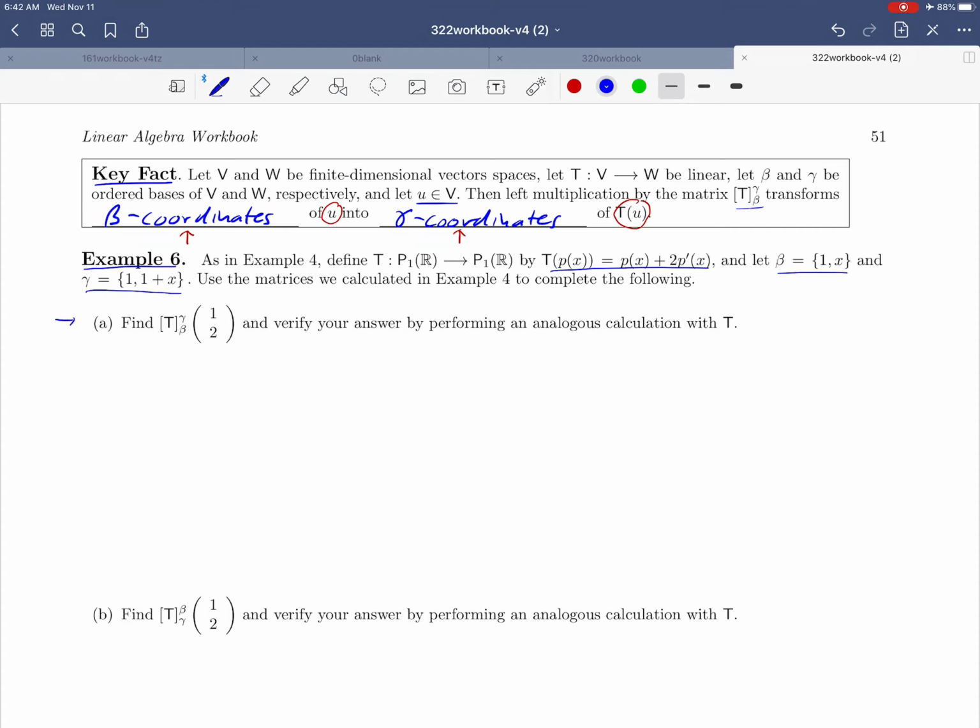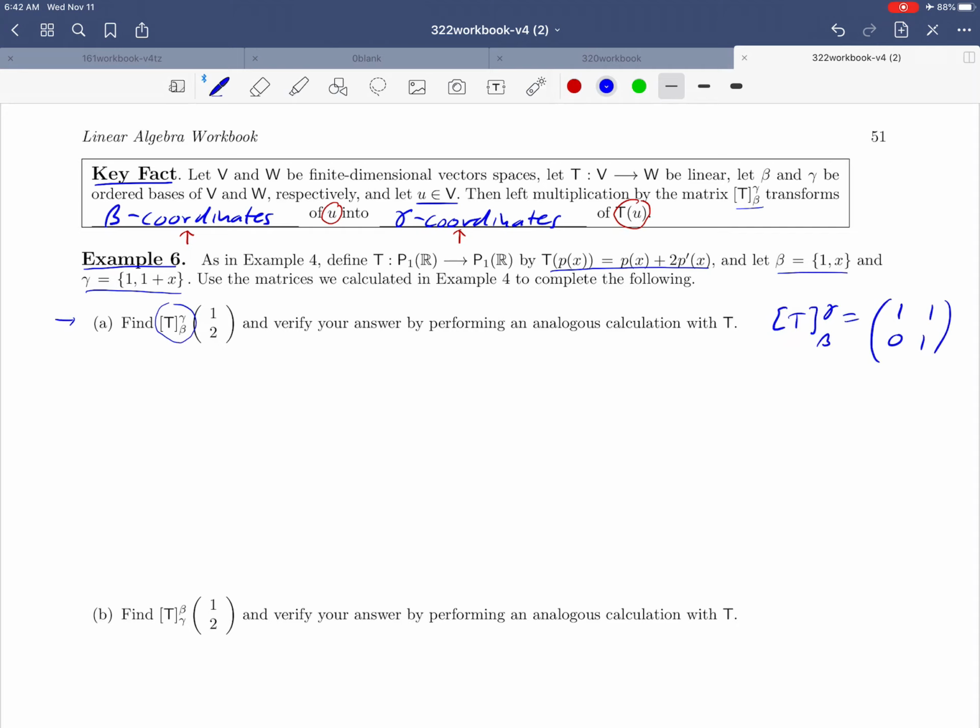Starting with A, they're starting us off by referring back to a matrix that we already calculated in example 4. I'm literally flipping back a couple of pages and writing down the matrix that we calculated. A few pages ago, we calculated this matrix to be 1, 1, 0, 1.